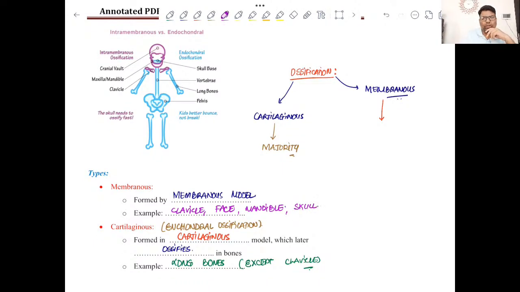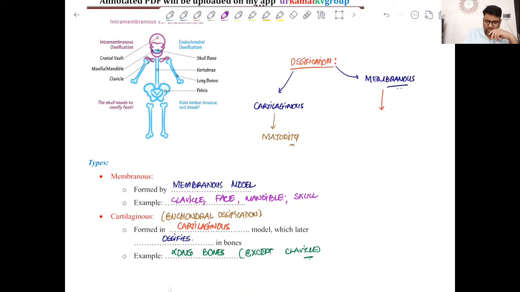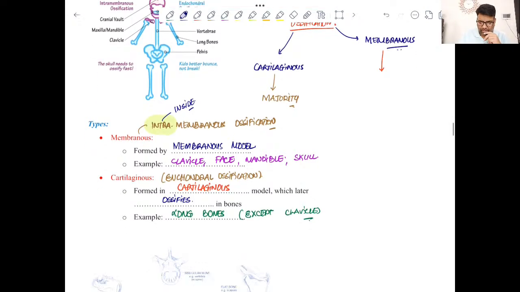These all ossify in a membranous model, so this is known as intramembranous ossification. Clear? Now the word intra means inside. Please remember this is inside. So this is one way of classifying the bones based on their mode of development.